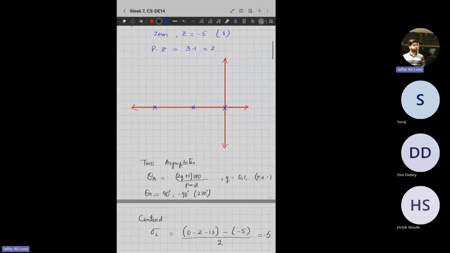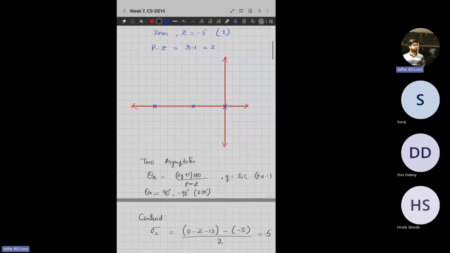Now let's locate this centroid. My centroid is at minus 5. So this was my 0, this was my minus 2, and this is my minus 13. So my centroid is somewhere here. This is minus 5, my centroid.